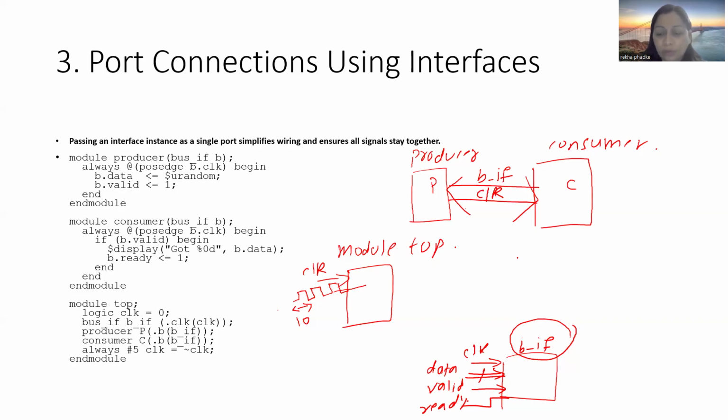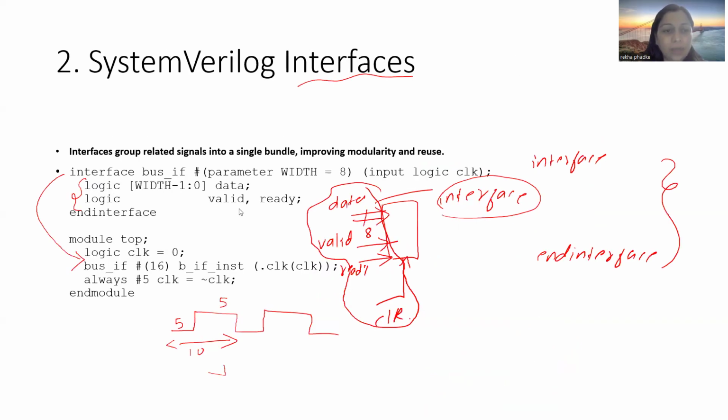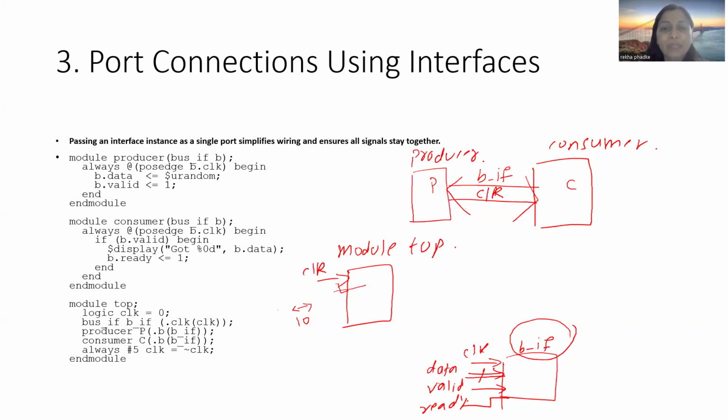So in the interface, if you remember, I'm passing clock in my interface, which is toggling between every 5 time unit, right? So that is being passed. So this gets toggled. So for every posedge, what happens always at posedge inside the producer, b.data will create some random number, so unsigned random number. That's what it's creating.